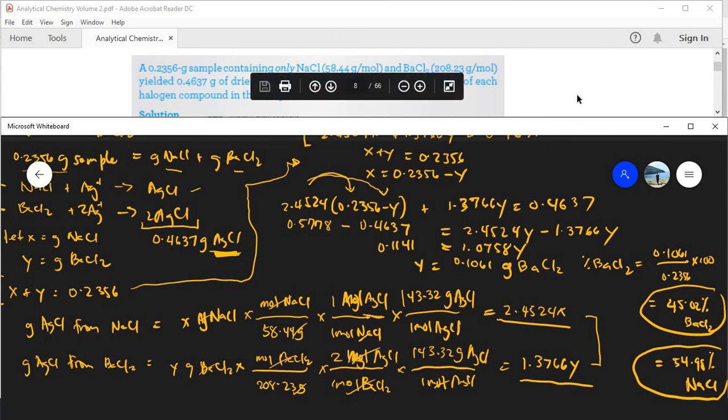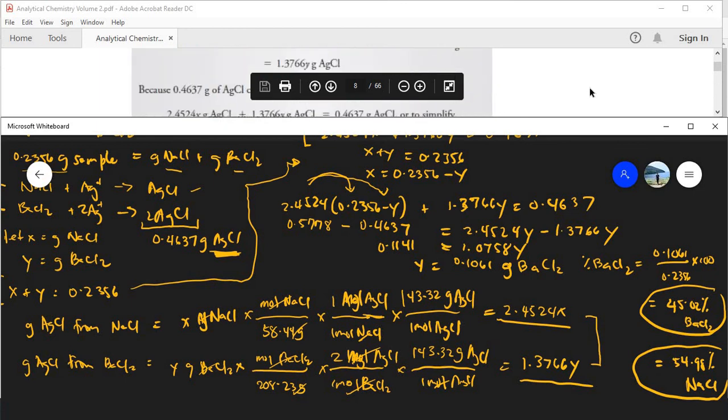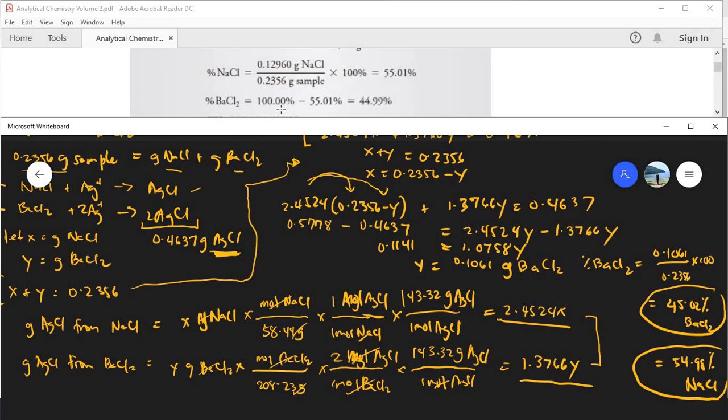Let's check if our answers are correct. The percent NaCl is 55.01, which is near 54.98, and 44.99 for BaCl2.